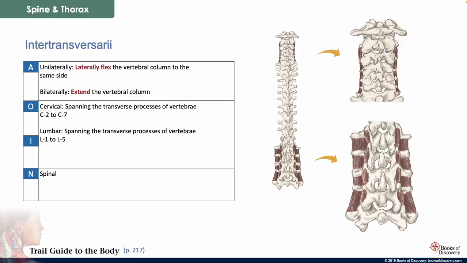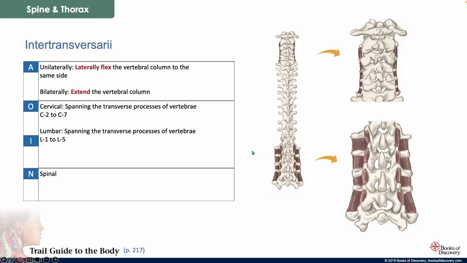On their own, unilaterally, it'll laterally flex that vertebra to the same side. Together, it will extend. So these are on the back, between the transverse processes, responsible for helping to keep you erect. Tiny, tiny little guys.